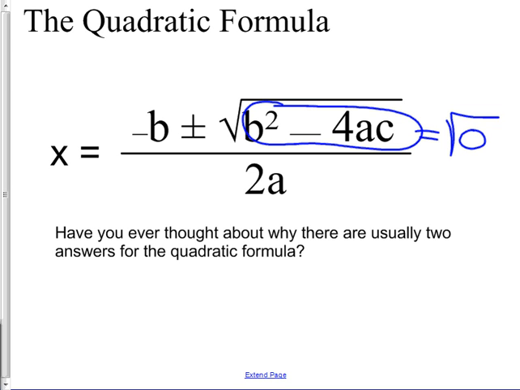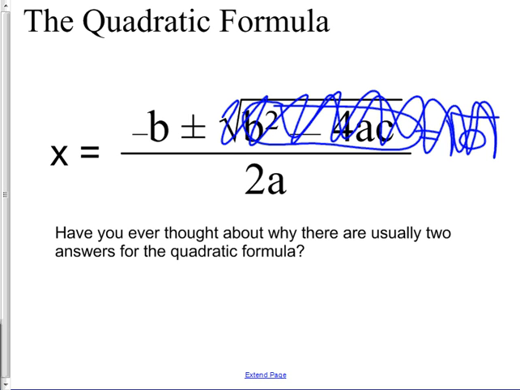Is that a problem? No, it's not really a problem. What's the square root of 0 equal to? 0. So then do you get that this whole thing, it's like it's not even there? Because 0 is like nothing. So then, do you get plus 0 or minus 0 would be kind of irrelevant? Then all of a sudden the plus or minus doesn't matter either.